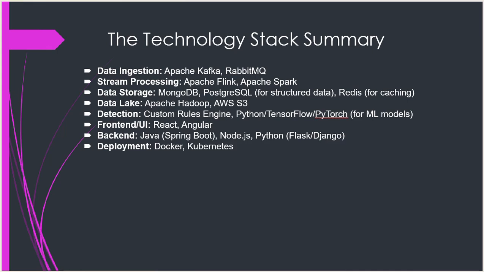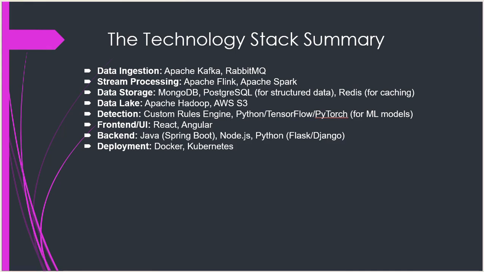For the detection engine, a custom rule engine, Python, TensorFlow, PyTorch. These are the AML libraries used to detect suspicious transactions using AI/ML techniques. Pandas and NumPy are used for data visualization and numerical analysis on this data. So all these things are there.